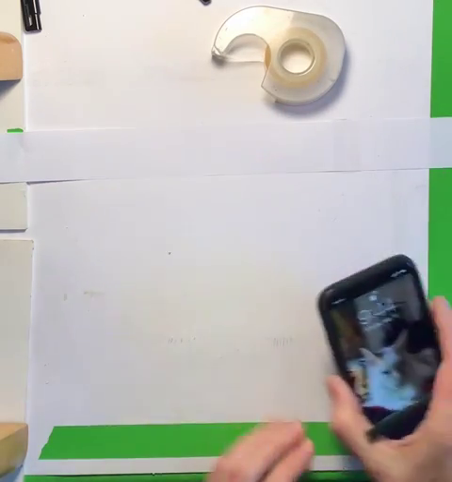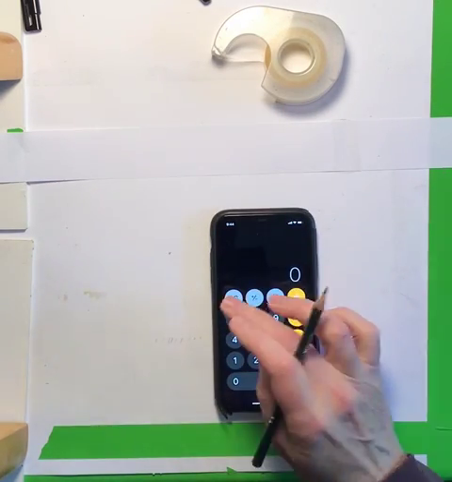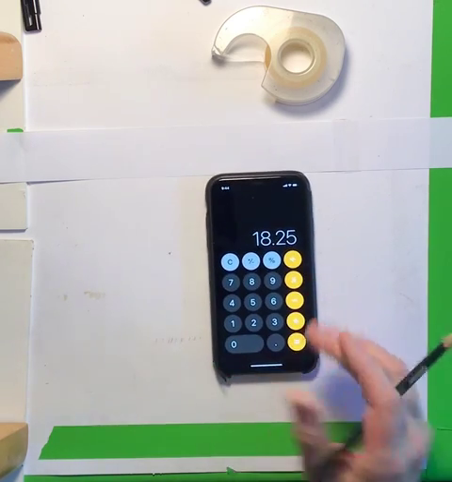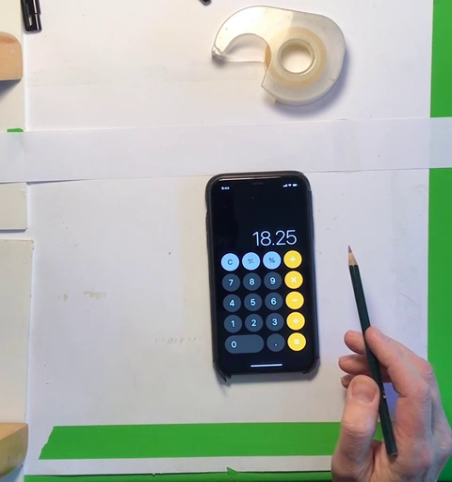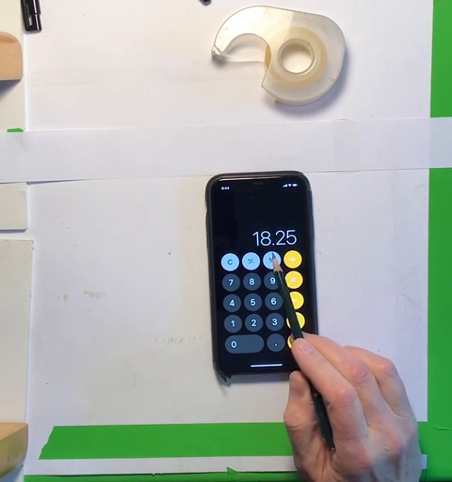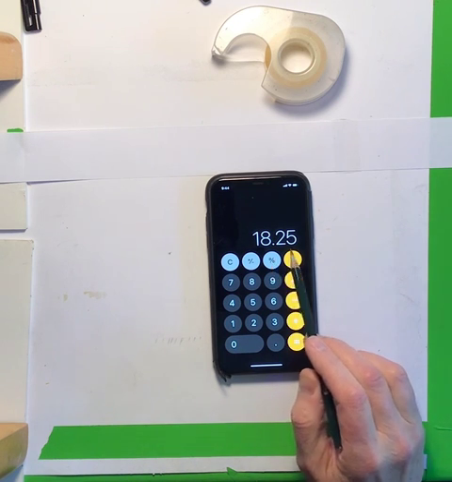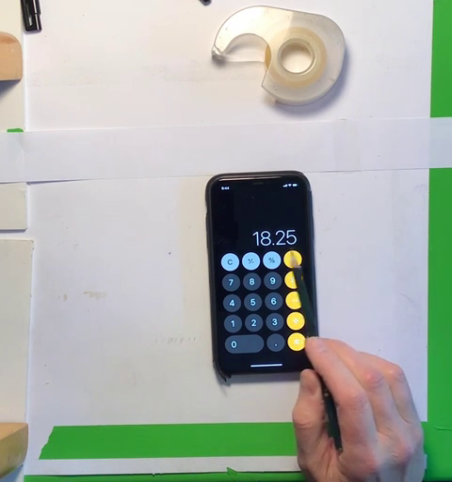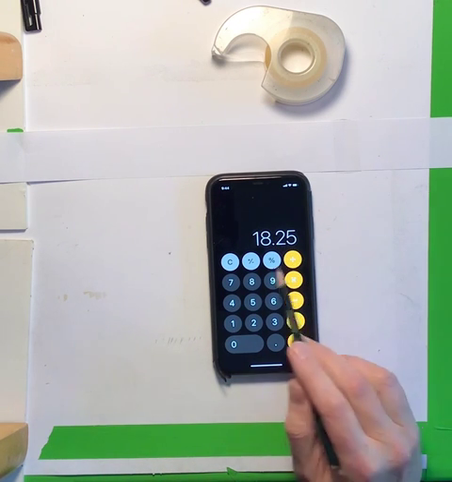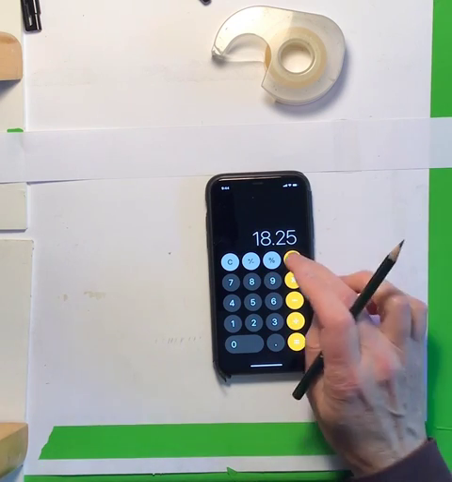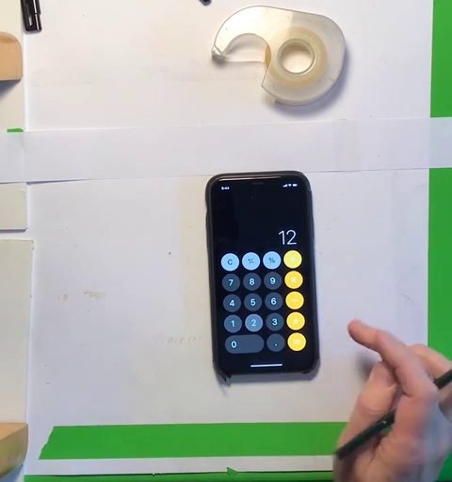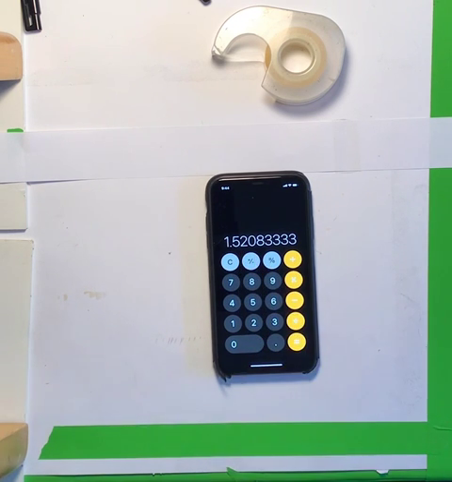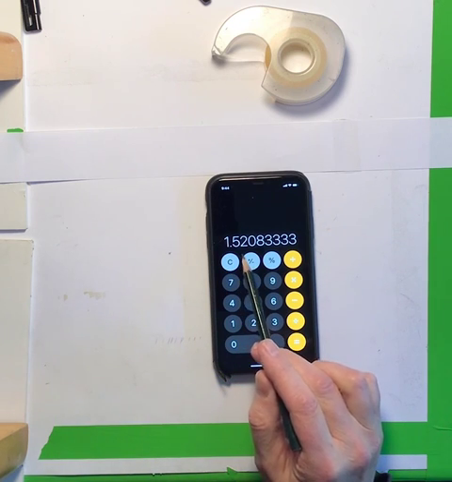Then you want to figure out how many animation cells you have. 18.25. If you're doing it on a calculator, I would just make it as close to a decimal point of 0.25 is 1/4, 0.5 is 1/2, 0.75 is 3/4. 18.25 divided by 12 is 1.52, so close to 1.5 inches.